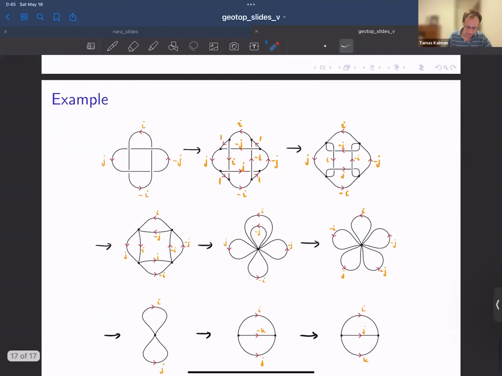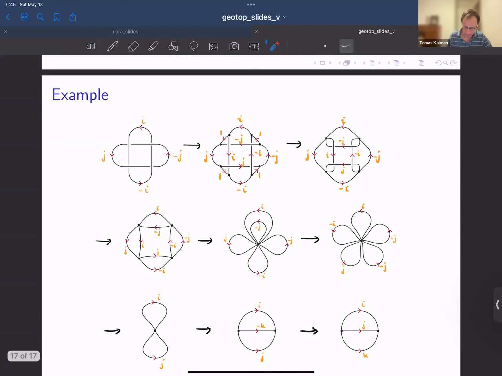Instead, let me add this slightly more interesting example, just to give you a feel for how this system is in fact equivalent to this system, which is just my standard representative for the subgroup generated by these, which is the entire quaternion group, because I do have both I and J, and if I have I and J, then I have the product also, which is K, so I basically have everything.